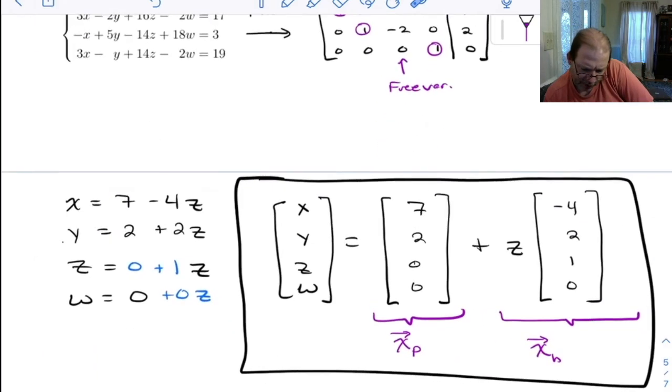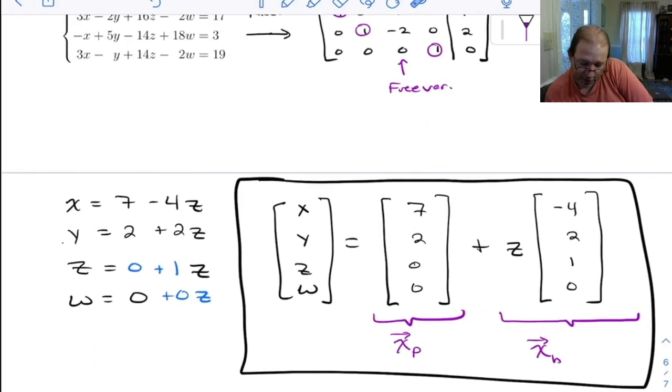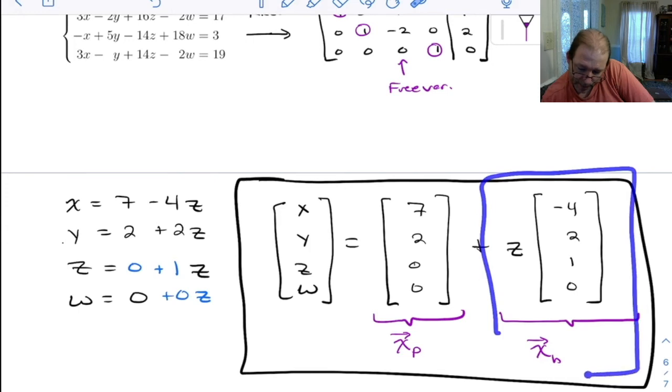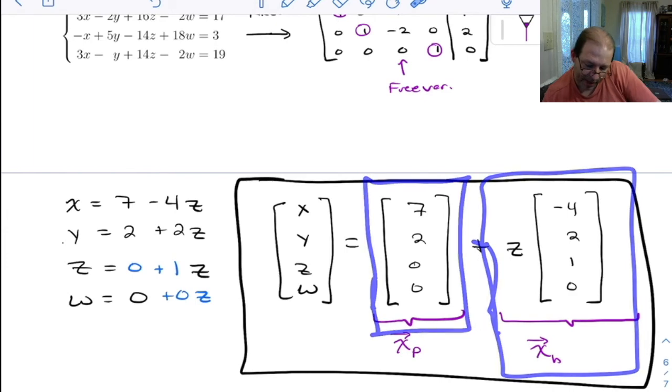So if you think about what this is, we've got four variables here, so this is in 4-dimensional space. This is a line through the origin. If we just look at the homogeneous system, the homogeneous solution, that's a line through the origin, and this is what it's offset by.